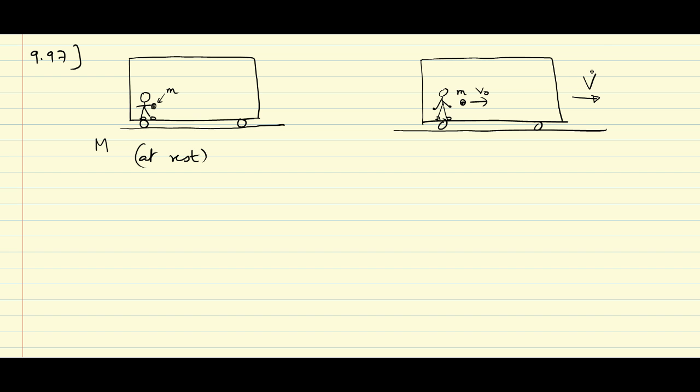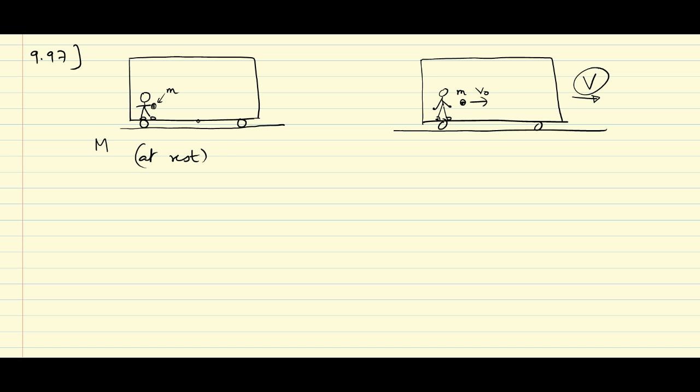So to find the value of V, you apply momentum conservation in the horizontal direction. Remember that during the throw there is no net horizontal external force acting on the system because there is no friction from the track on the wheels.